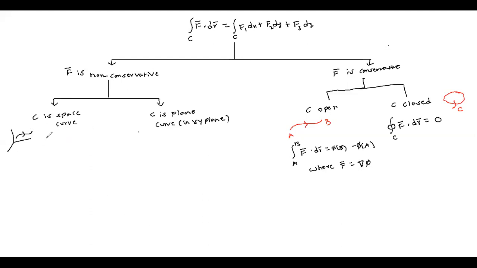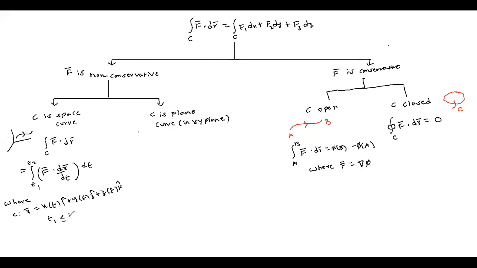Then the integral over C of F bar dot dr bar is equal to the integral from t1 to t2 of F bar dot dr bar by dt dt, where t varies from t1 to t2.